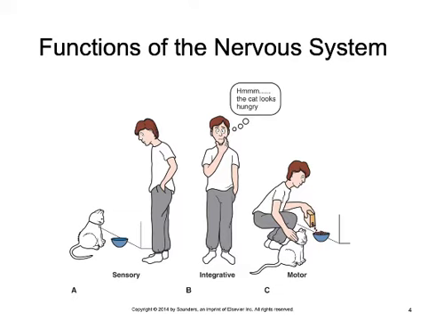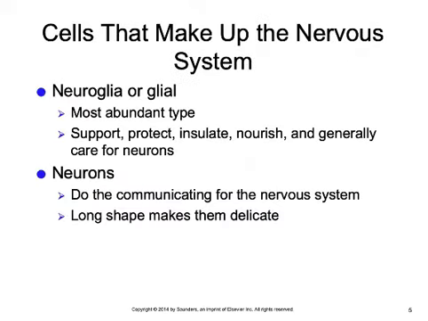Okay, so if we look at the cells that make up the nervous system, in the central nervous system, we have neuroglia and neurons.